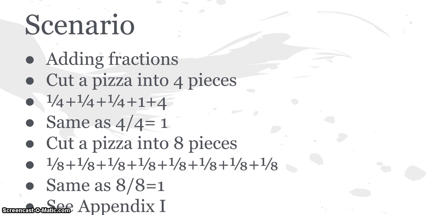He then cut the pizza into 8 different pieces. He told the students that the whole is 8/8 and there are 8 pieces. He then took each piece of pizza and told the class that one piece represented 1/8 of a pizza. The fraction is 1/8. Mr. Cooper showed each piece and asked the students what each piece represented.